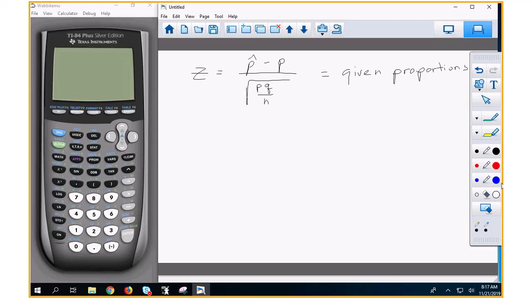Remember x over n, p hat, x is equal to 50, n is equal to 100. Or they give you some kind of percentage, probability, or a decimal. Everybody with me? They give you something like a proportion, and that's it.